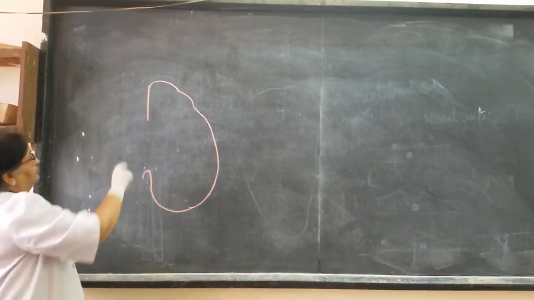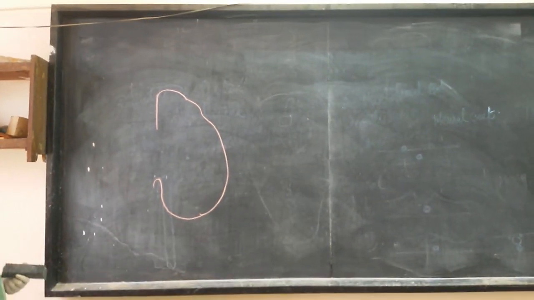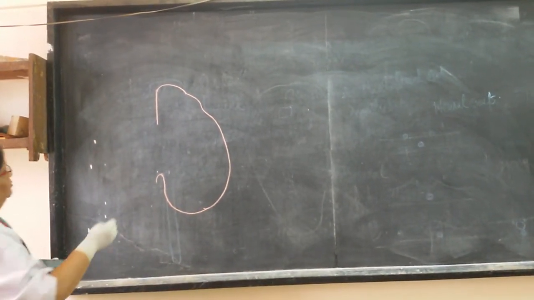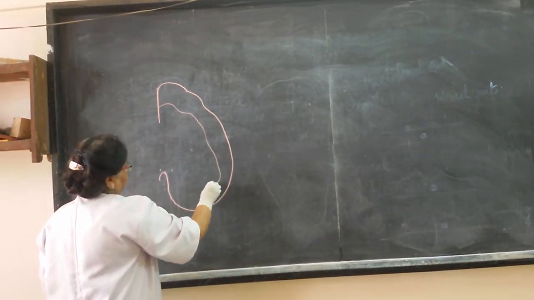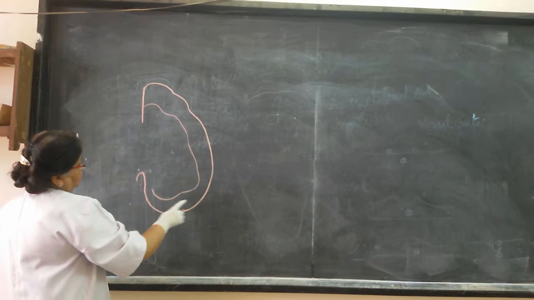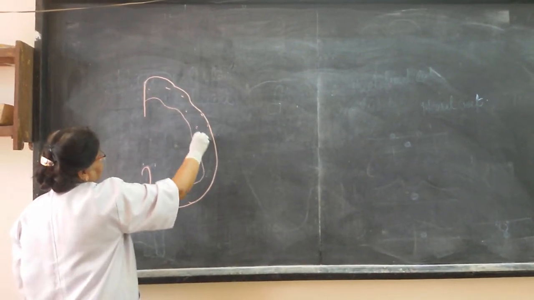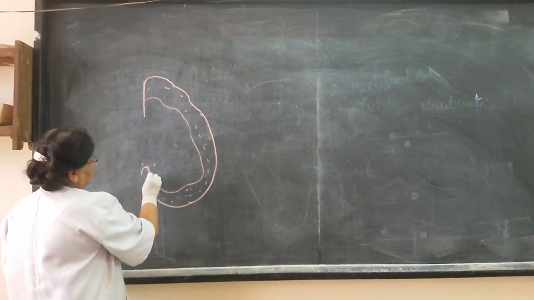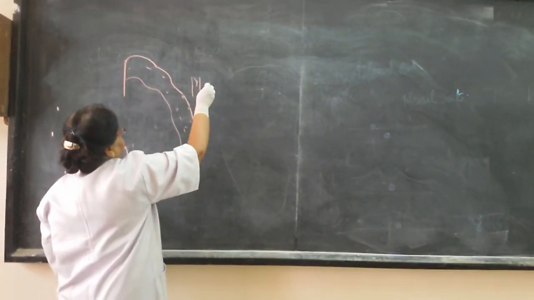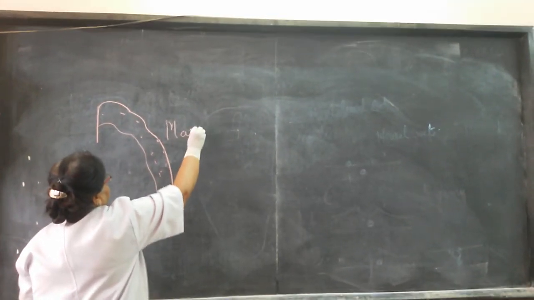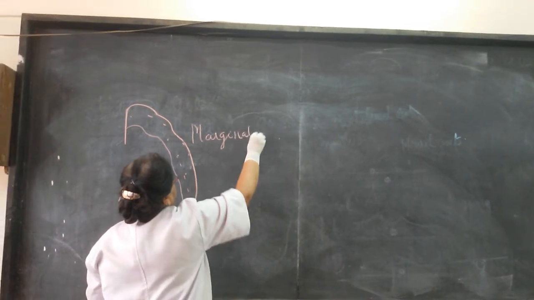Now the proliferated tissue in the lateral walls differentiates into three layers. The peripheral-most layer, this part, is known as the marginal layer.